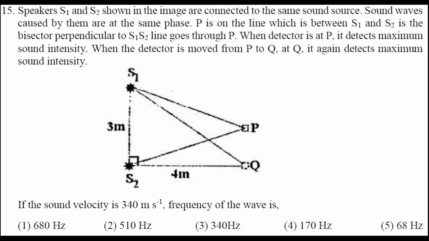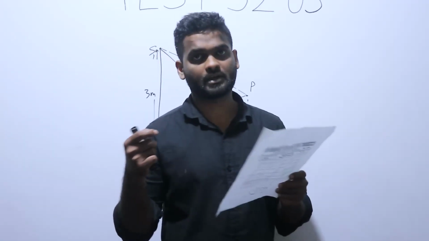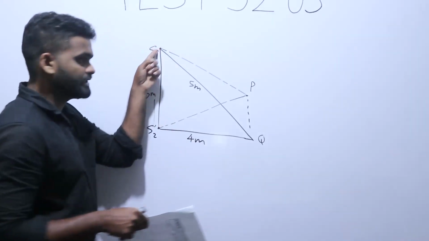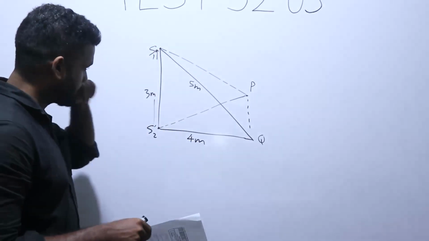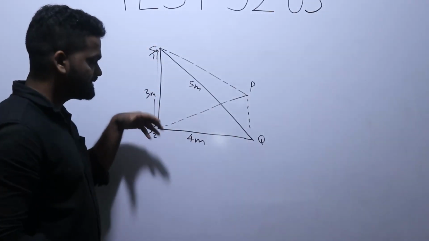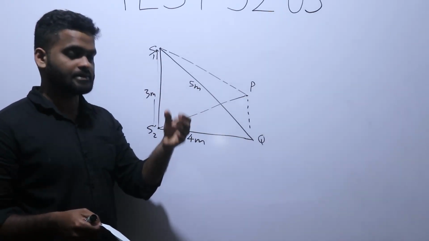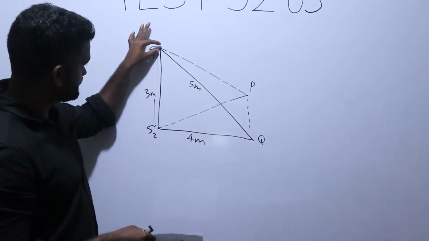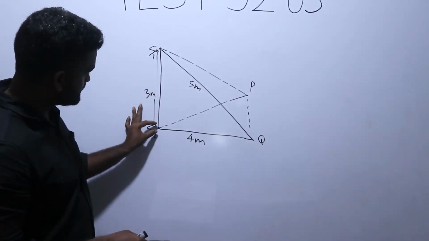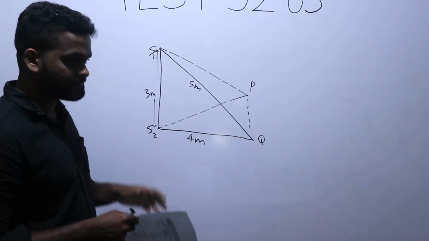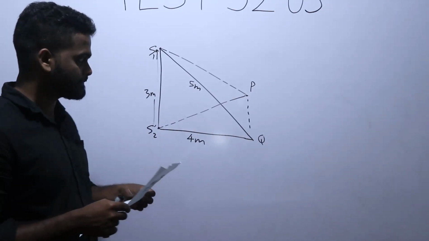When the detector is moved from P to Q, at Q it again detects maximum sound intensity. So these two are the speakers. They are operating simultaneously, so they are in the same phase and generate sound waves with the same frequency.